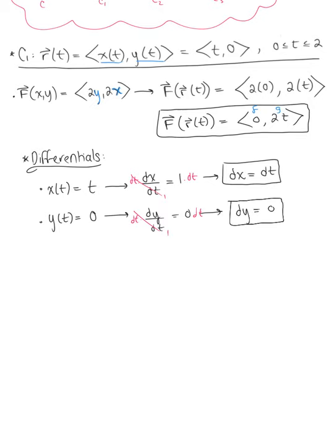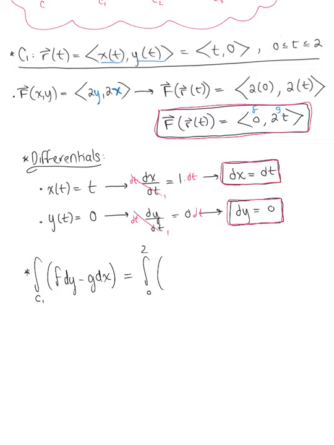All right, so we have everything that we need now. We have the parameterized vector field as well as their corresponding differentials. So we can set up our line integral. So this is the line integral over the first curve c sub 1 of f dy minus g dx. So this is the integral from 0 to 2.